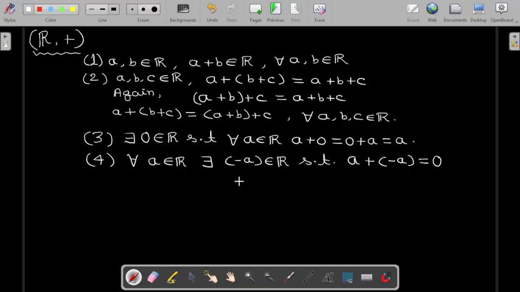So the fourth property is also satisfied. Hence we can call R, the set of all real numbers with respect to addition, a group.